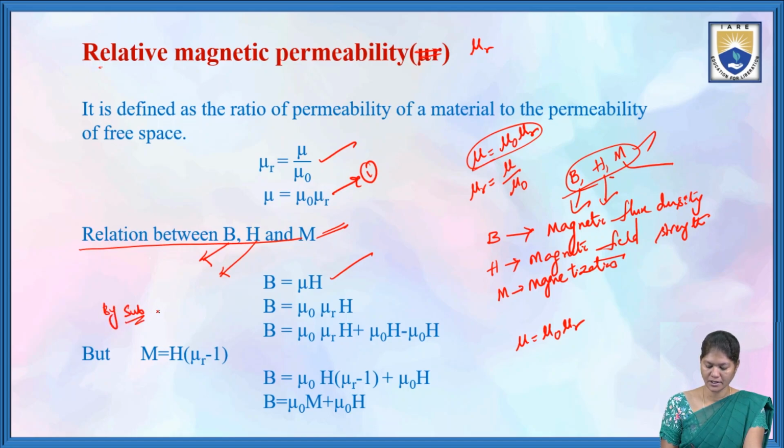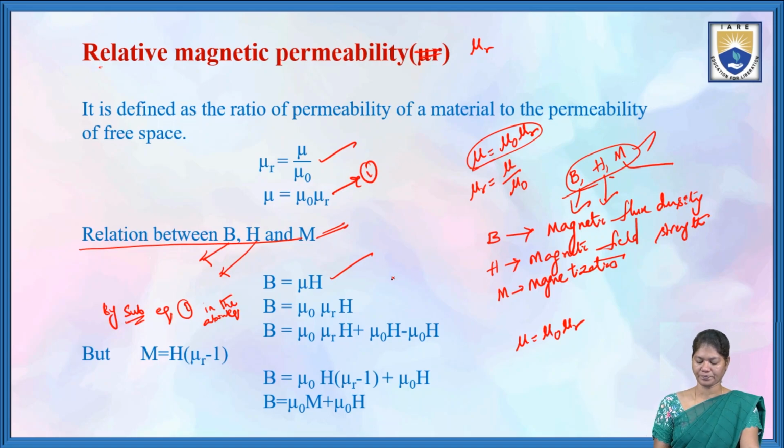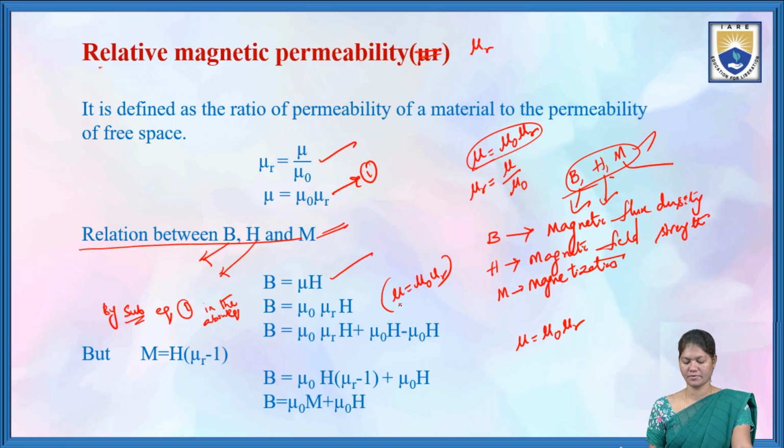Substituting equation 1 in the above equation, we know that B is equal to mu H, where mu is equal to mu naught mu r here. So B is equal to mu naught mu r H.